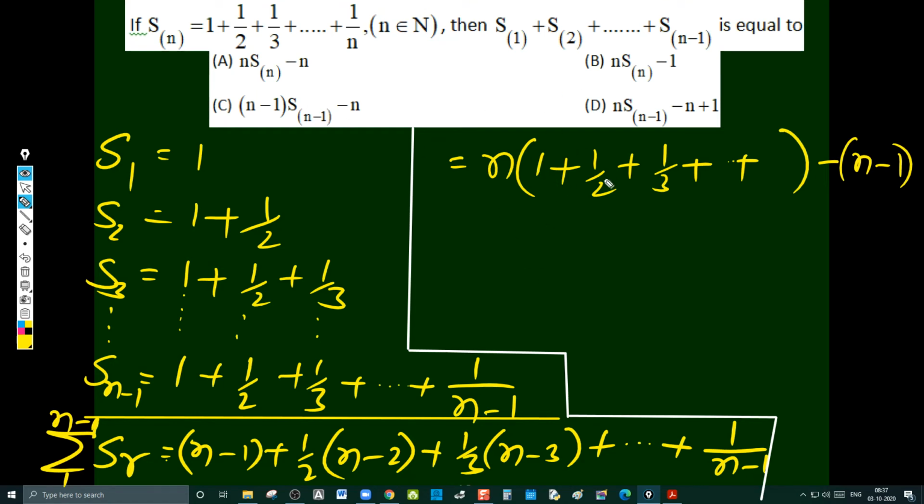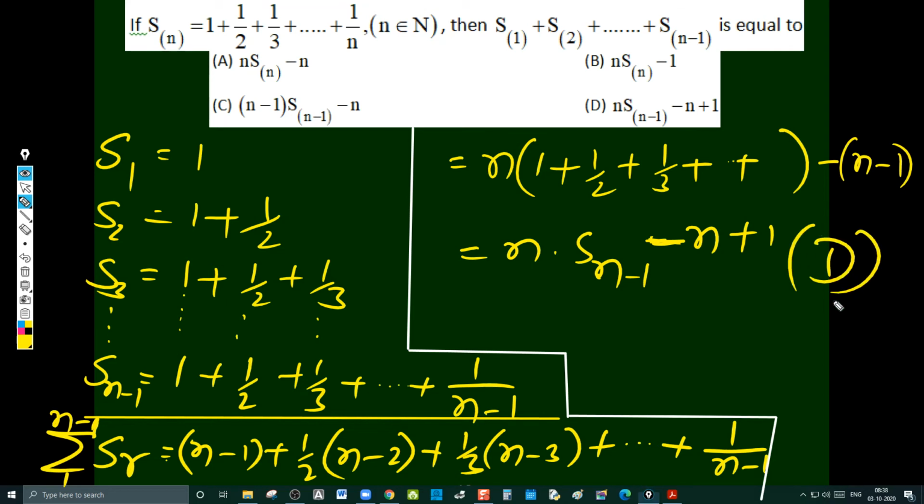Now if you write this, this is again n into Sn. No, n minus 1 terms are there, n into Sn minus 1 and minus n plus 1 is there. And if you want Sn, you add 1 and subtract 1. This is for D, what I'm saying directly.